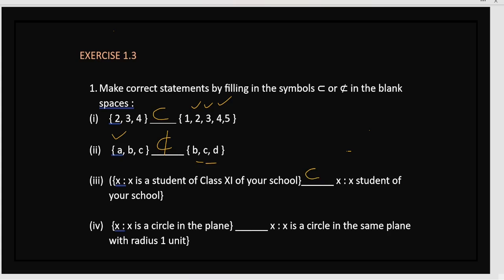Now x is a circle in the plane, and x is a circle in the same plane with radius 1. What are the circles in the plane? You can make a bigger circle, you can make a much bigger circle. With radius 1, x is a circle in the same plane with radius 1.